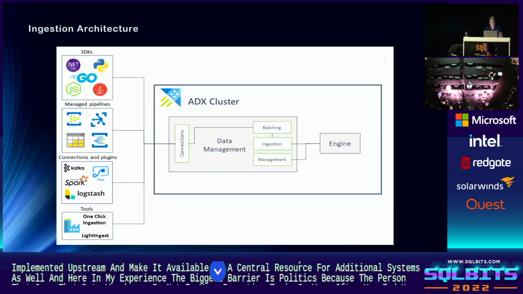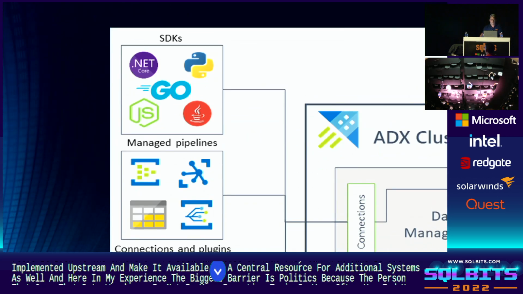So how do I ingest? Right, we are ingesting from various places. We have SDKs: Python, .NET, Java, etc. We have managed pipelines, so I can do direct ingestion from Event Hubs into Azure Data Explorer.